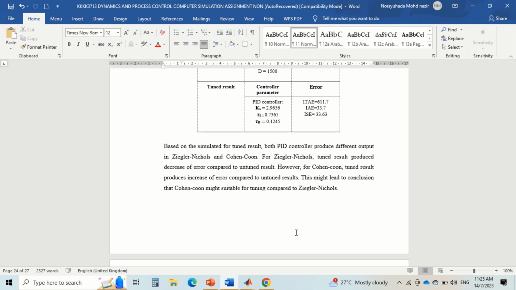For Ziegler-Nichols, the tune result produces a decrease of error compared to the untuned result. However, for Cohen-Kuhn, the tune result produces an increase of error compared to the untuned result. This might lead to the conclusion that Cohen-Kuhn might not be suitable for tuning compared to Ziegler-Nichols.